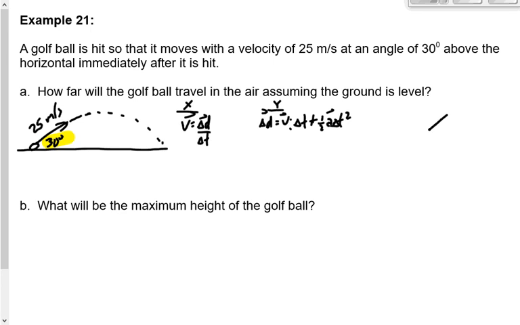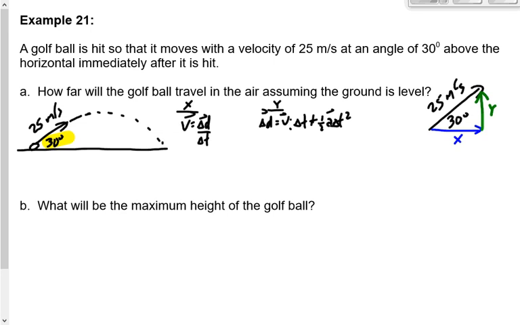We've got 25 meters per second. We've got 30 degrees. This is my x component, and this is my y component. Let's solve for x, and let's solve for y, just like we did in those displacement problems when we were adding displacements together.